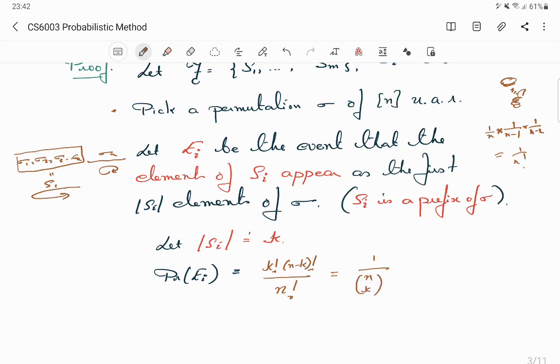And I actually want a lower bound for this probability, which means I want an upper bound for n choose k, right?